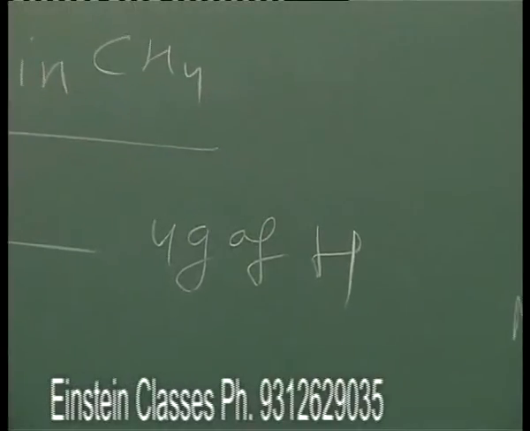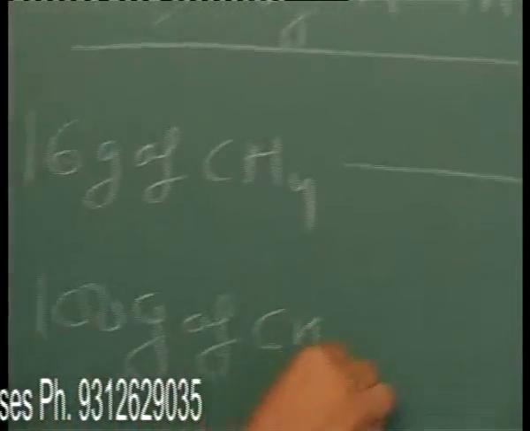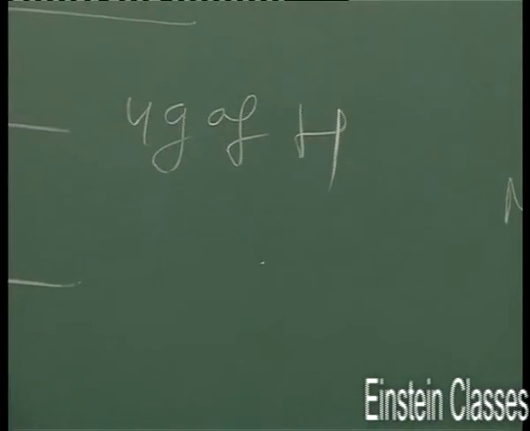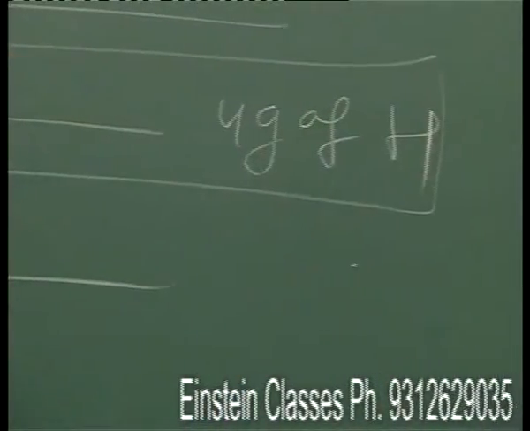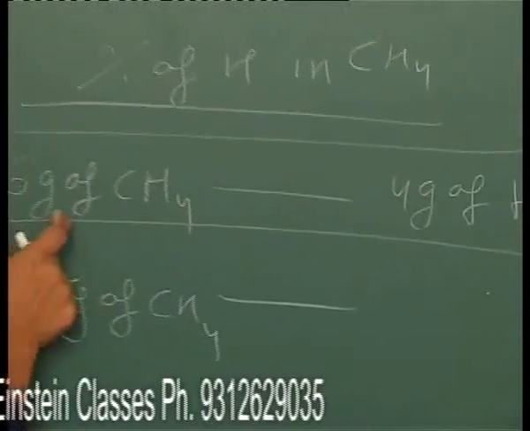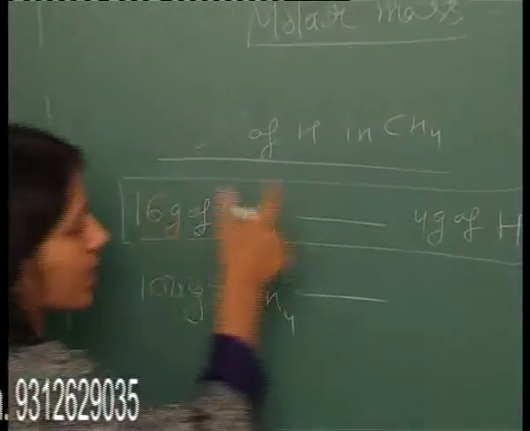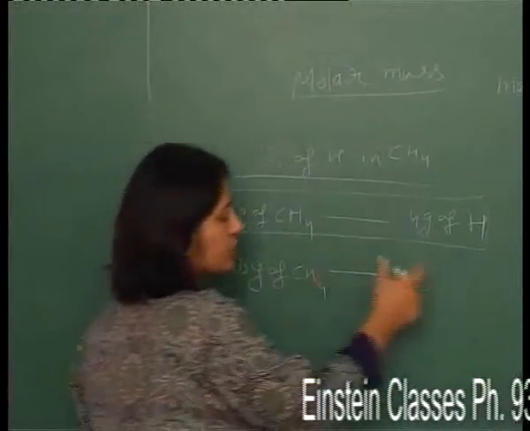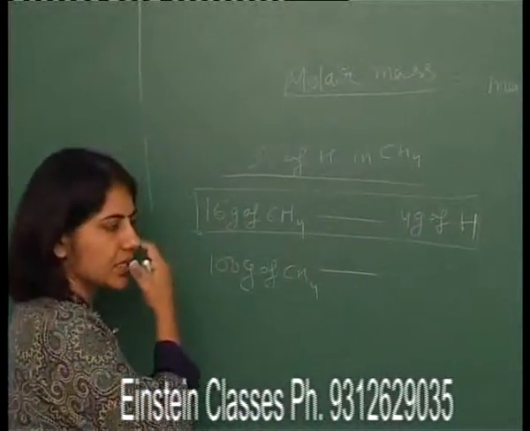Then if we take 100 gram of methane, what is the mass of H? That is the percentage. So if we know in a molecule, that is, if we take the molar mass, how much contribution that atom has, then whatever mass comes in 100 gram, that is its percentage.